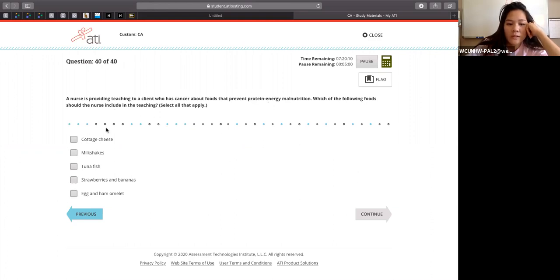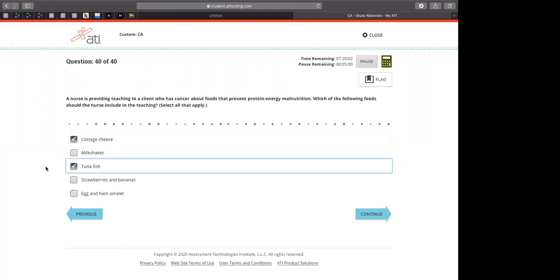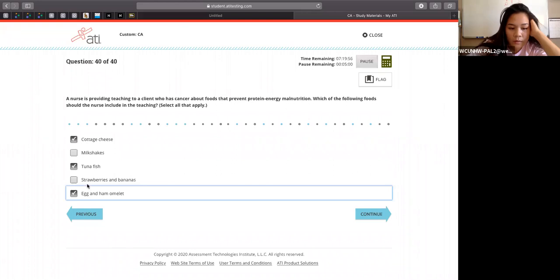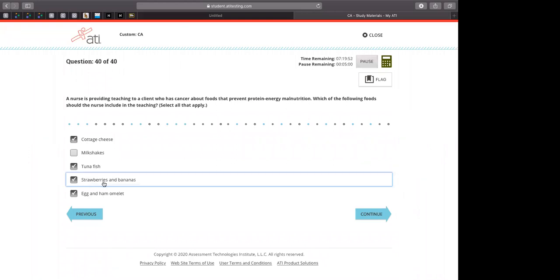So, cottage cheese, tuna fish, strawberries, bananas, omelet. Yeah, this one, and eggs, yes. And this one? And strawberries and bananas. Does this one have protein?